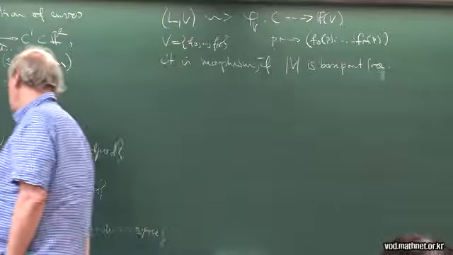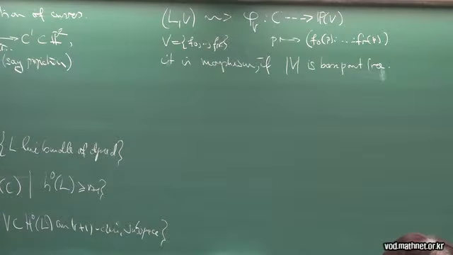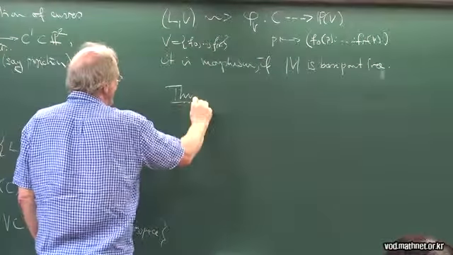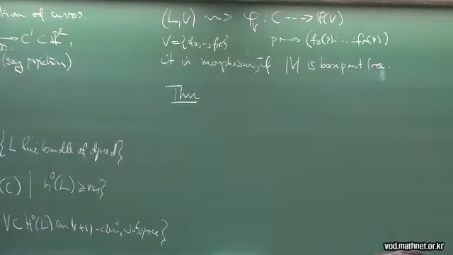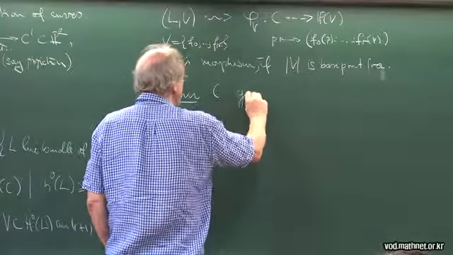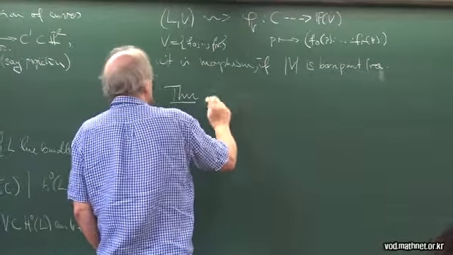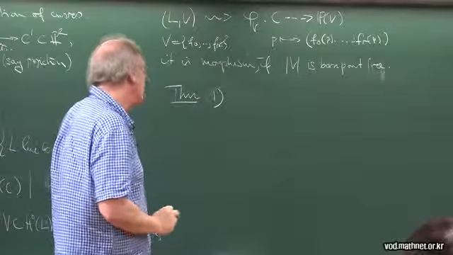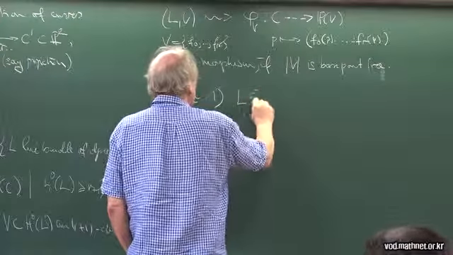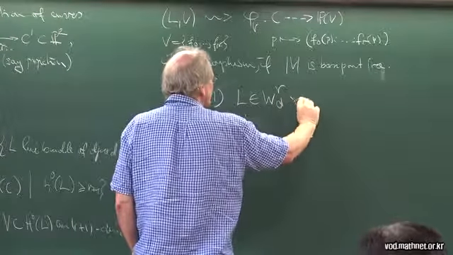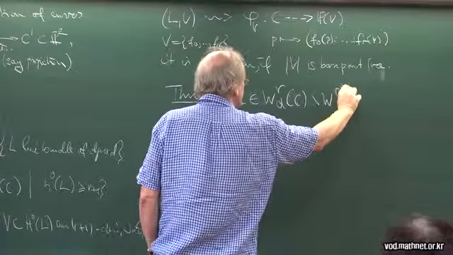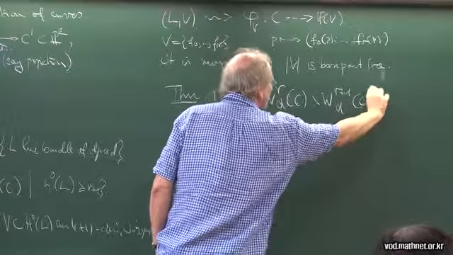So to answer the question, we would like to know which W^r_d are non-empty, where C is a general curve. The first statement: let L be a line bundle on C which has precisely r plus 1 sections. So I take a point like that.